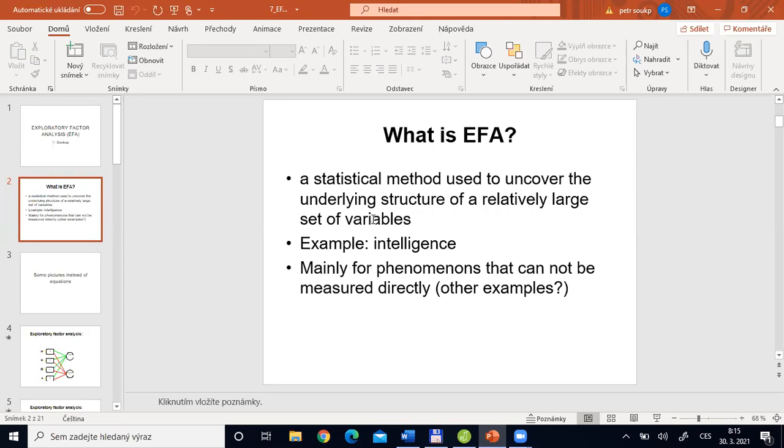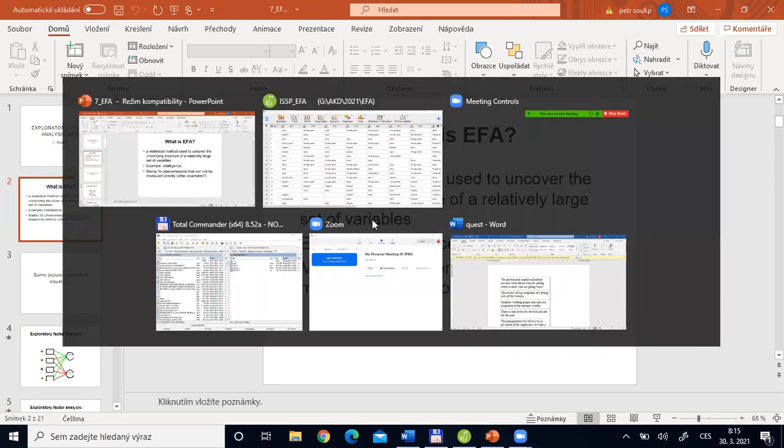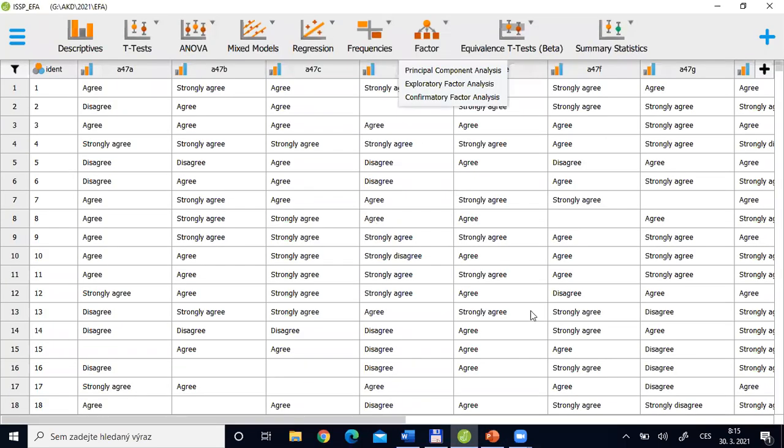We call this phenomenon, which may be behind my data, the underlying structure, or sometimes we talk about factors. Factors are variables that are not directly measured. So I am not able to find these factors in my data matrix.